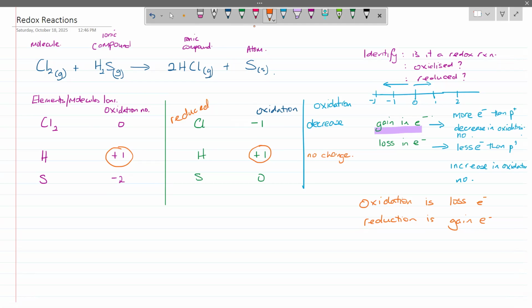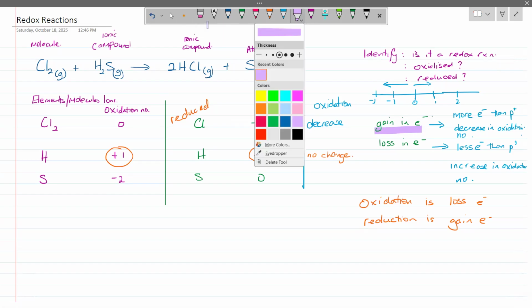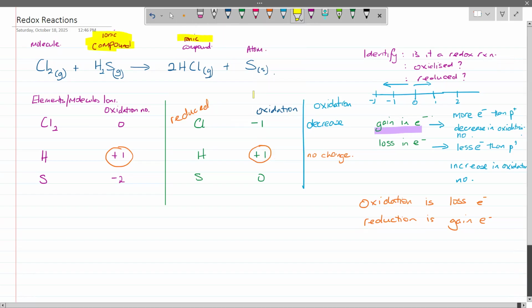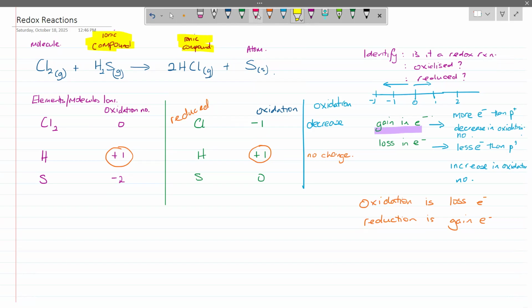Sulfur now. On this side, sulfur is -2 because it is bonding ionically. The key thing here is to look at these ionic compounds, because this is where we're going to see those changes in states. It is -2 here, but then it goes to 0 here. So if I'm at -2 and I go to 0, is that an increase or decrease?